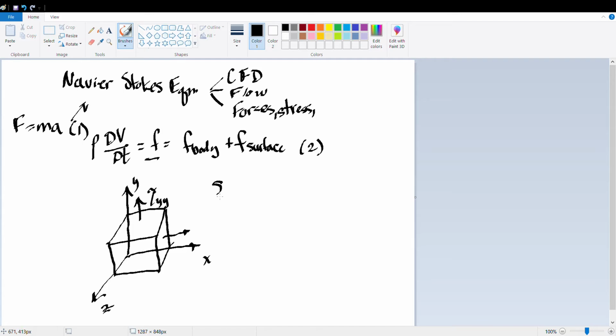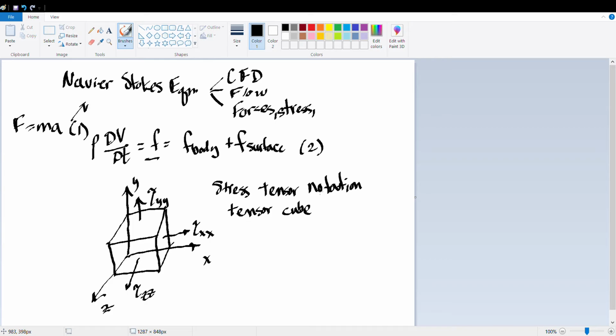So this is the stress tensor notation we're going to be referring to. This is the tensor cube. So we know this is in the x direction on the x face. So this is tau xx, and the stress that comes normal to this face is tau zz.